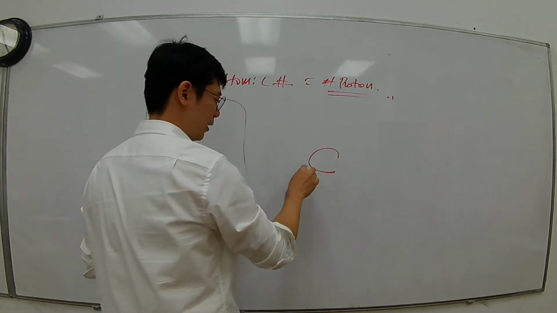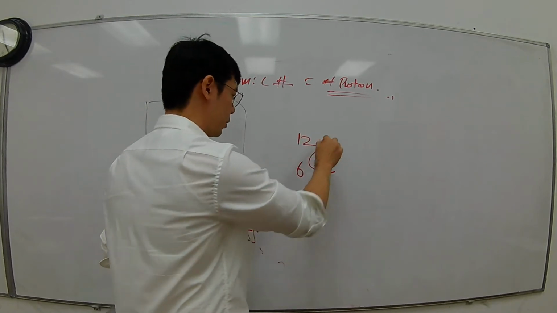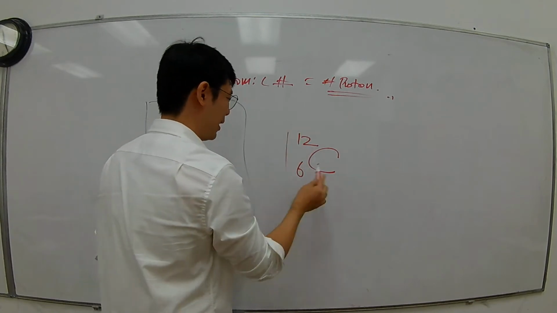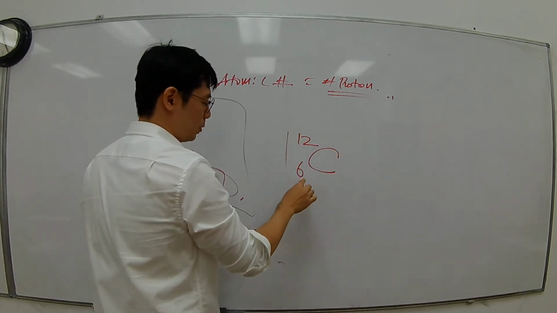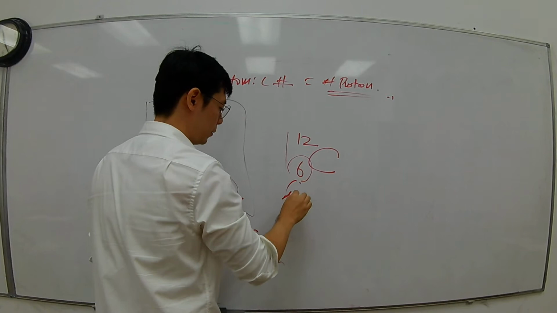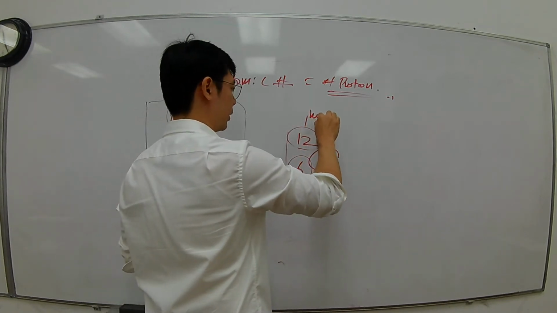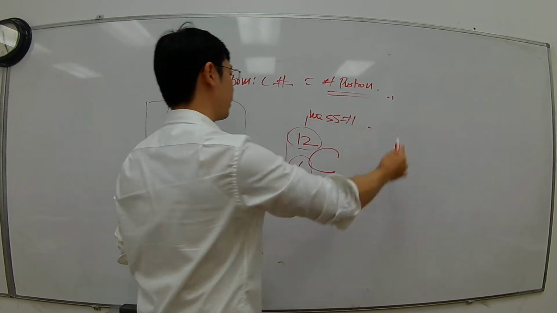In terms of how they write it, like 6 here and 12 there, there's a carbon with 6, this number, which is the atomic number. This is what we call the mass number. So the mass number is what?